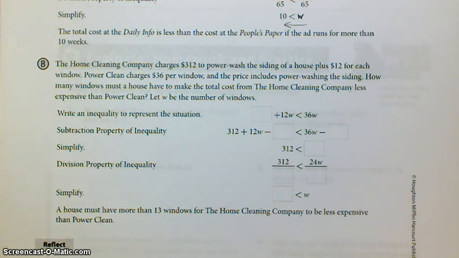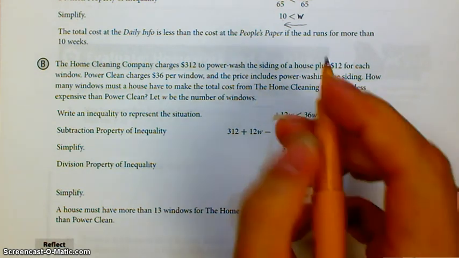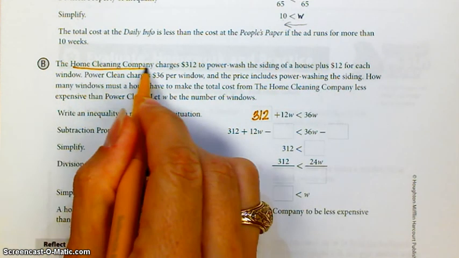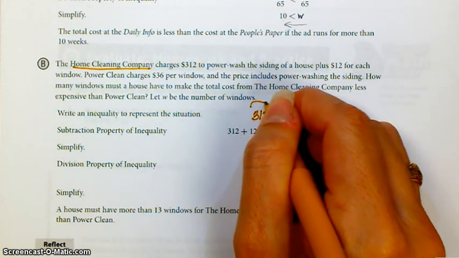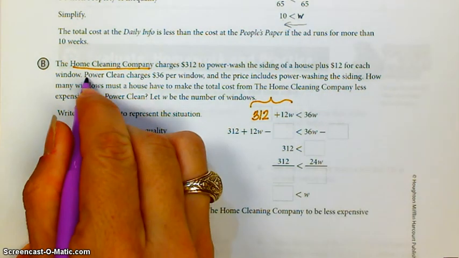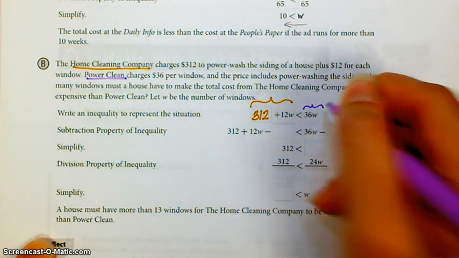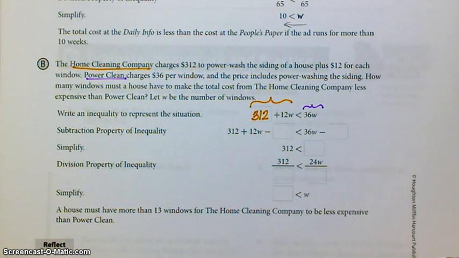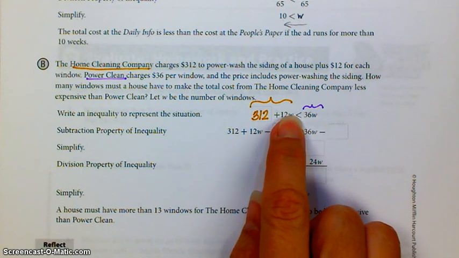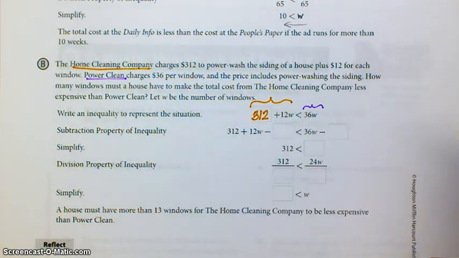Okay, so the Home Cleaning Company is going to be $312 plus $12 a window. So that's your home cleaning. Power Clean is just a flat 36 per window. So we have 312 plus 12W less than or equal to 36W.